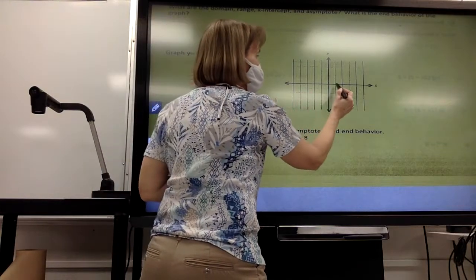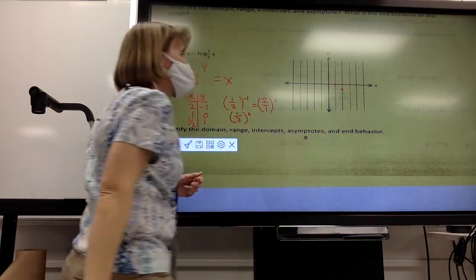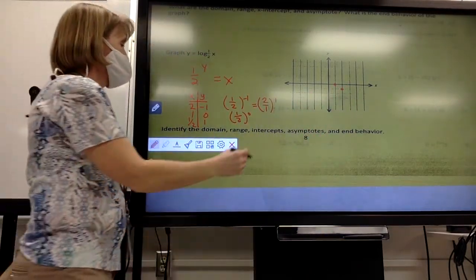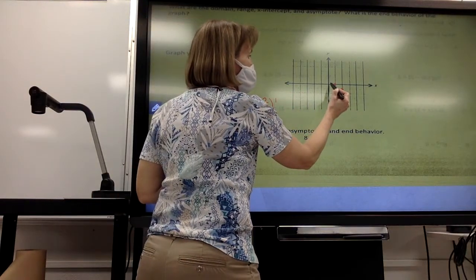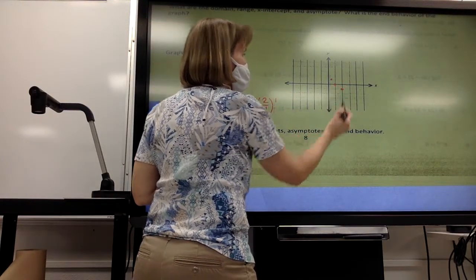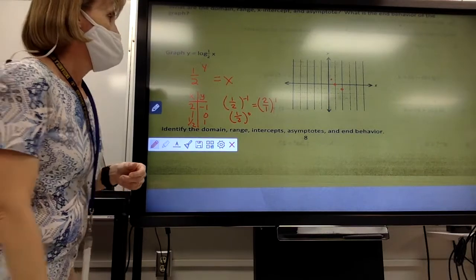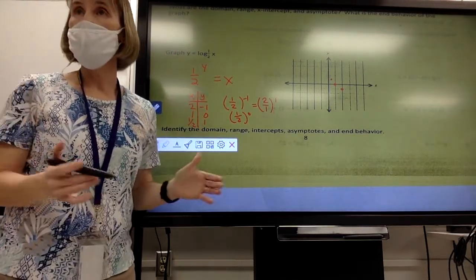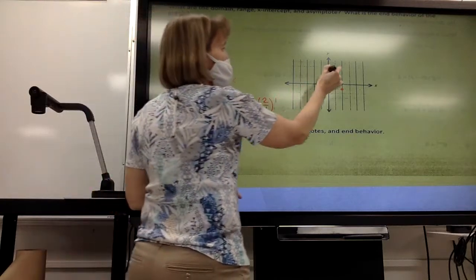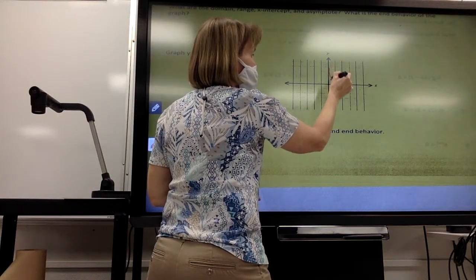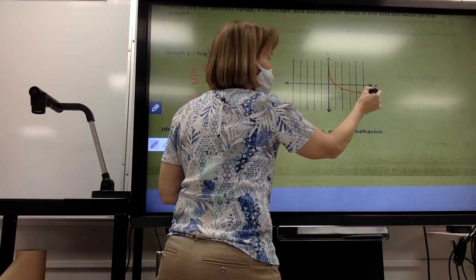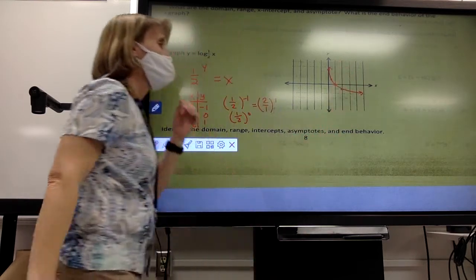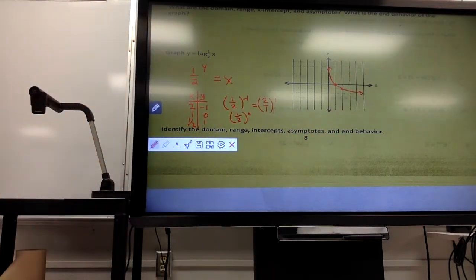When x is at 1, y is at 0. If I go a 1/2 unit over, I go up 1. Now, if you're not sure about what it's going to do at either end, you could keep putting more values in. Okay, I know from what I've done, it's going to go like that.